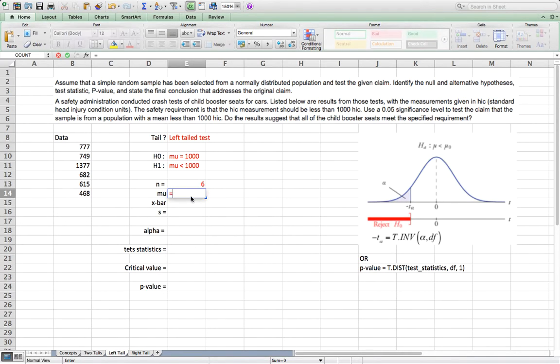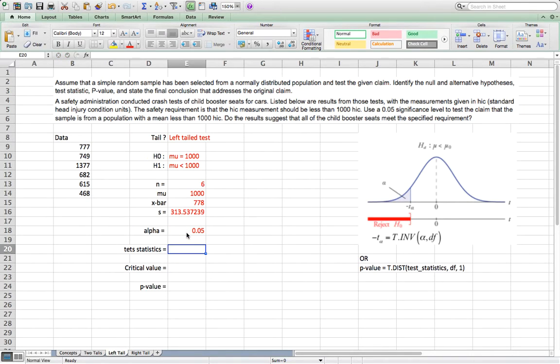Now, this mu is what I will test against, which is 1000. X bar will equal AVERAGE. You click on average, then you get this data range. And your S, you equal STDEV.S for the sample. You click on here, then you go through this data range. Okay, then you have the standard deviation. Now the alpha is given, which is 0.05.